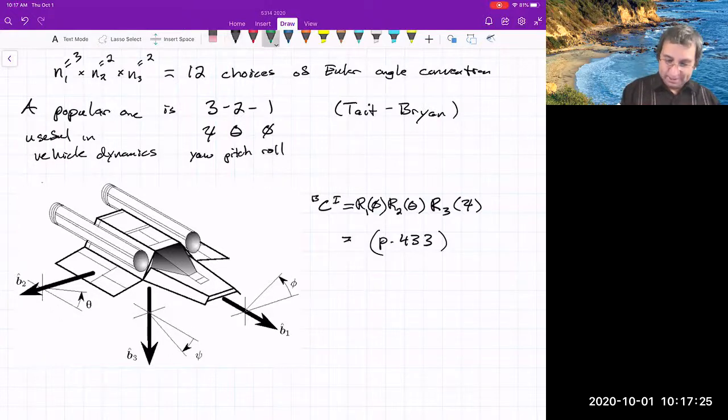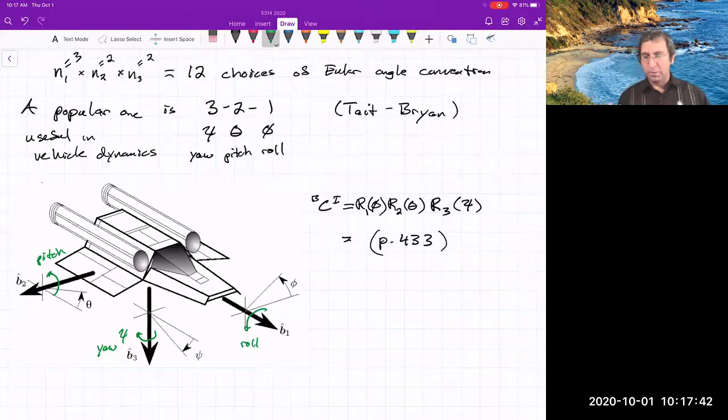Like I said, this one's convenient because the angles have common names. We've got yaw, we've got pitch, and we've got roll. And so you need to be careful. What is a positive roll? For a positive roll, my thumb points in the number 1 direction, my fingers curl. That means if I'm in the vehicle, this would be a turn to the right.